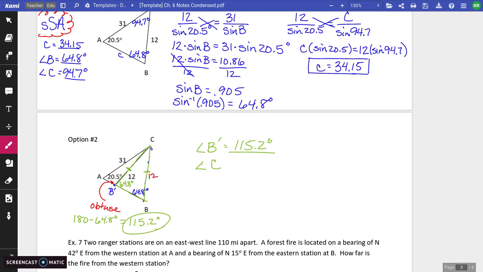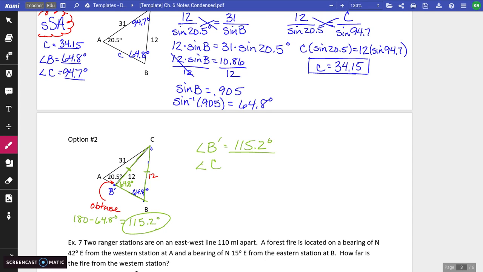So we used that original 64.8 degrees to find this angle at B prime. Then its supplement makes a linear pair with this obtuse angle here at B prime. So we did 180 minus the 64.8 to find that obtuse angle of 115.2.